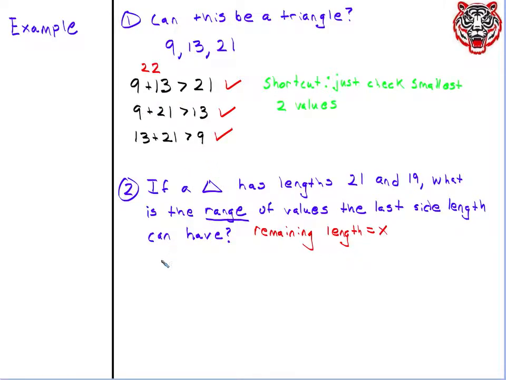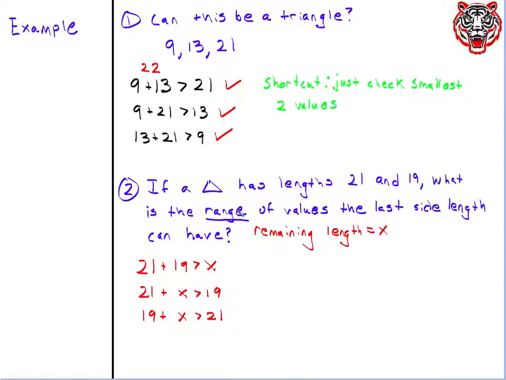So what is that going to mean? That means that if I choose two random ones, 21 plus 19 needs to be greater than the remaining x. And all three possibilities need to happen. So if I choose 21 plus x, that needs to be greater than 19. And finally, 19 plus x needs to be greater than 21.